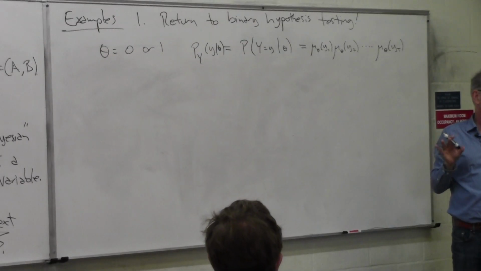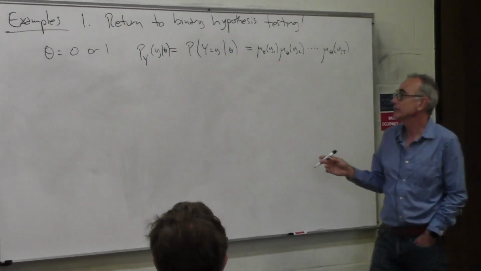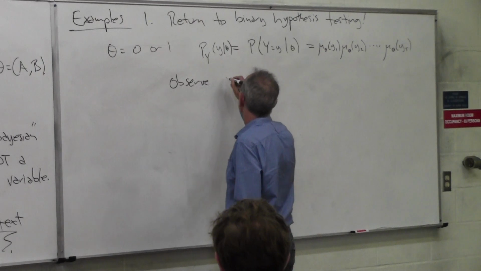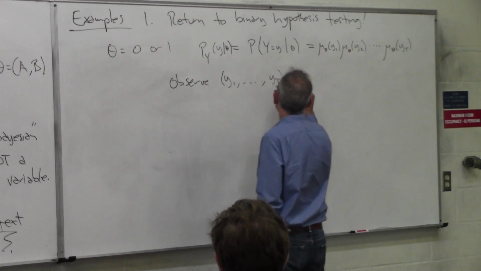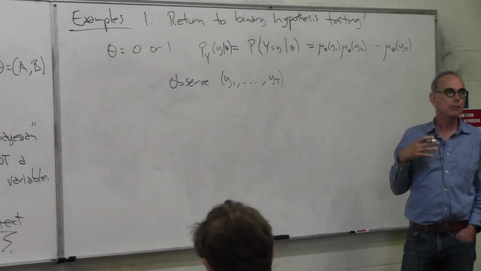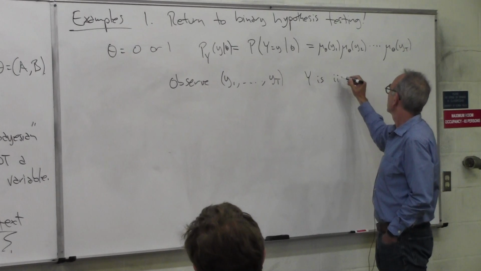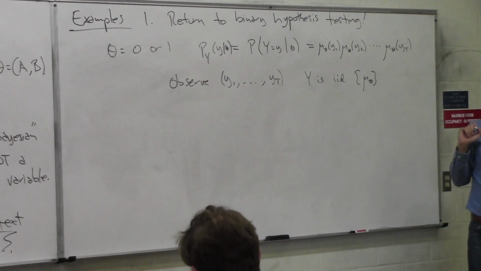So I'm returning to the binary hypothesis testing problems. I look at a sequence of observations, and basically Y is IID, but with marginal denoted mu theta, right?